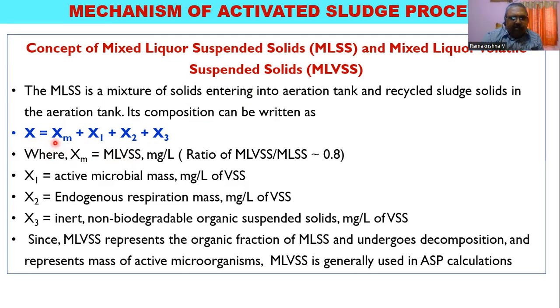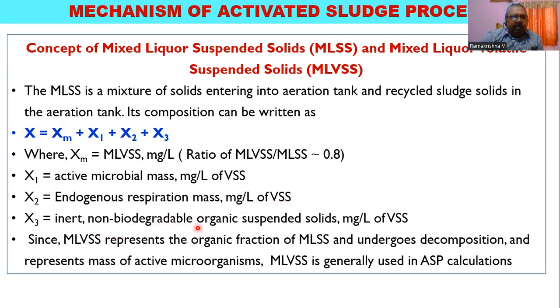MLSS can consist of organic as well as inorganic solids. So mixed liquor volatile solids is the organic fraction, which is around 80% of the MLSS. X1 is the active microbial mass, milligram per liter of VSS, and X2 is the endogenous respiration mass, milligram per liter of VSS. VSS means volatile suspended solids.